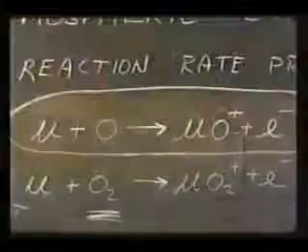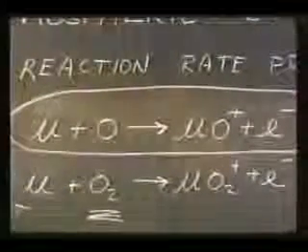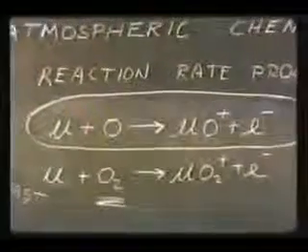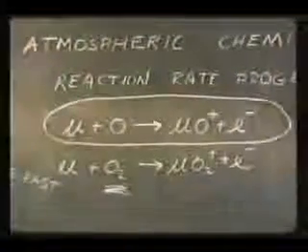The first reaction is very fast. The rate of the second reaction is almost 100 times slower, but still significant at altitudes where molecular oxygen exists in abundance. These reactions not only yield free electrons, but probably also produce abundant infrared radiation from the excited ions.